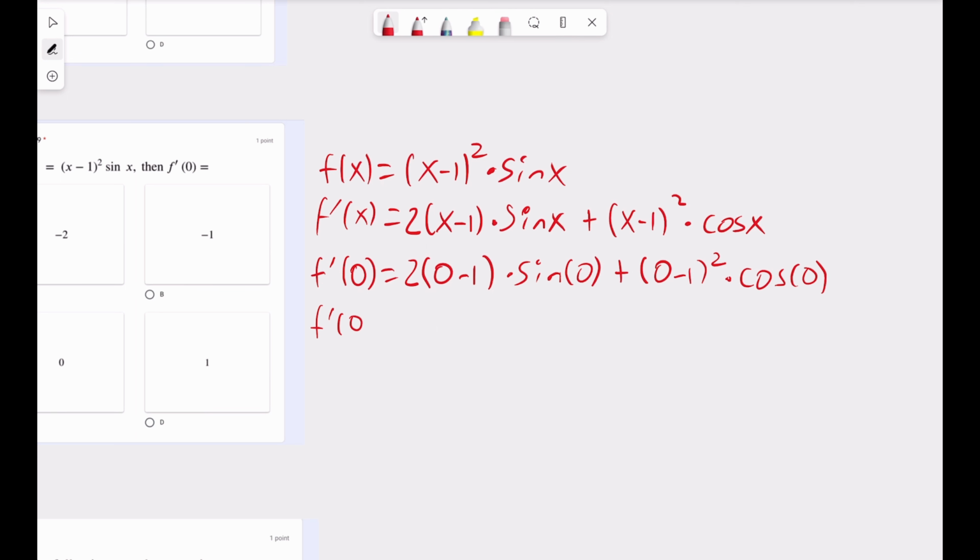That would be negative 2 times sine of 0, which is just 0, plus 0 minus 1 squared, that will be 1, times cosine of 0, which is 1, so 1 times 1. Negative 2 times 0 will be 0, so we can cancel that. 1 times 1 is 1, so our answer is D, 1.